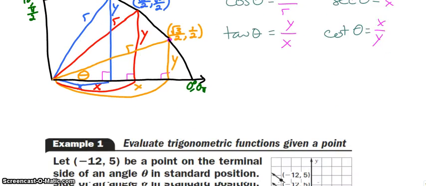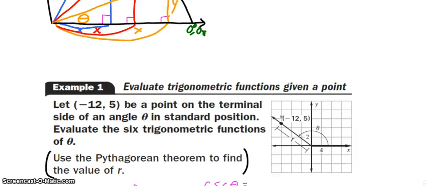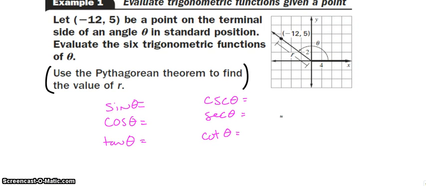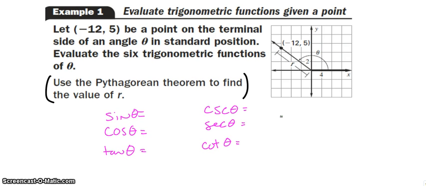So let's take a look at evaluating the trig functions at the point -12, 5. If I wish, I can draw that right triangle for myself. Just make sure that you draw it with the x-axis. In general, whenever we're drawing a triangle, we're doing it in a bow tie-like formation.